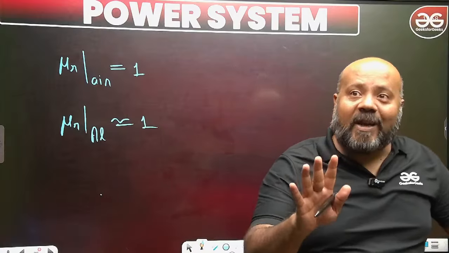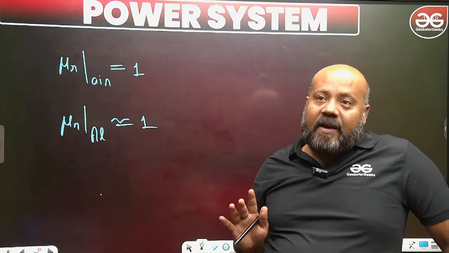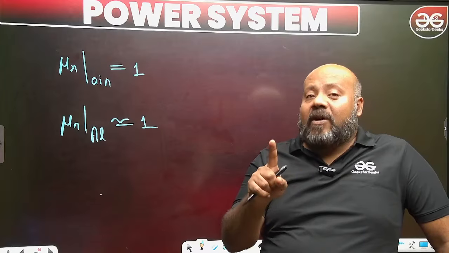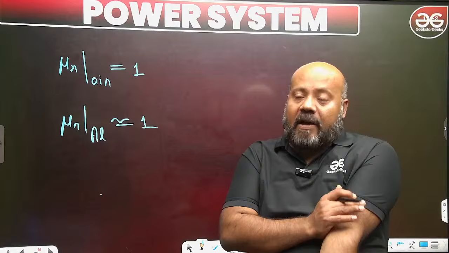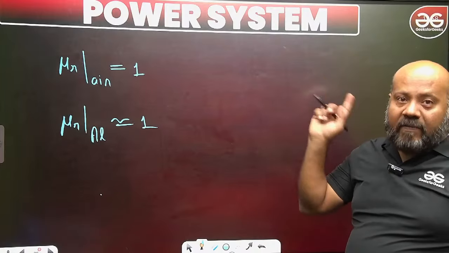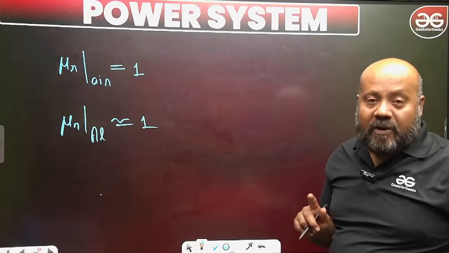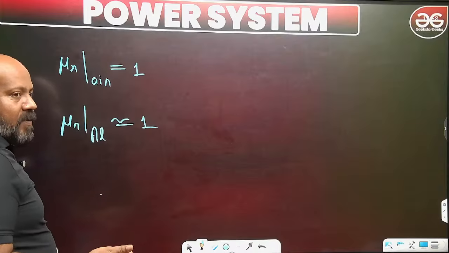So if you are using an aluminium conductor, you are saved. If the conductor is made of another material, maybe copper, then you have to be very careful, because you cannot use the formula we use everywhere, 0.2 ln GMD upon GMR. That is only possible if you have air and aluminium.